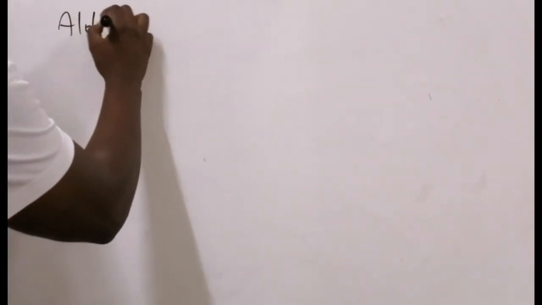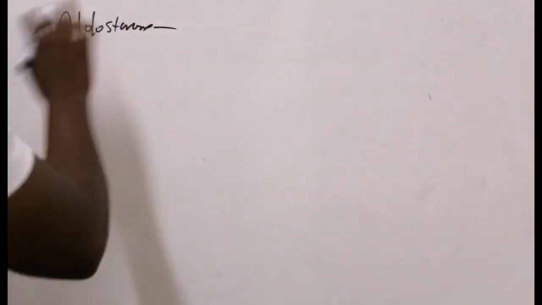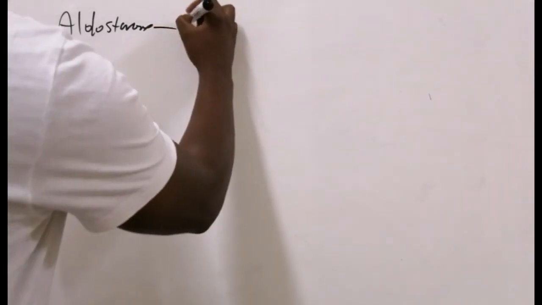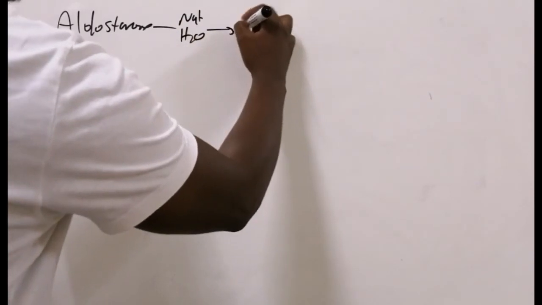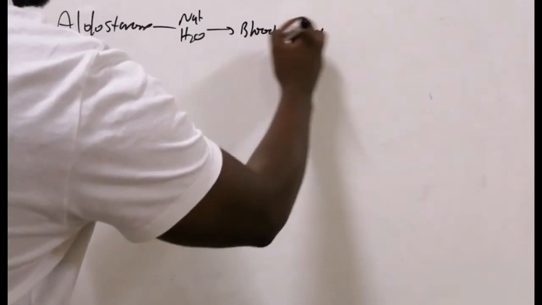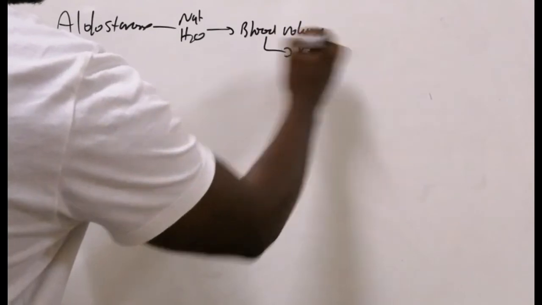Aldosterone, as we all know, the effect it has on high blood pressure. When it's secreted, and it's coming from the RAAS system, we know that it causes reabsorption of sodium and reabsorption of water, and then the blood volume increases, and subsequently the BP increases.